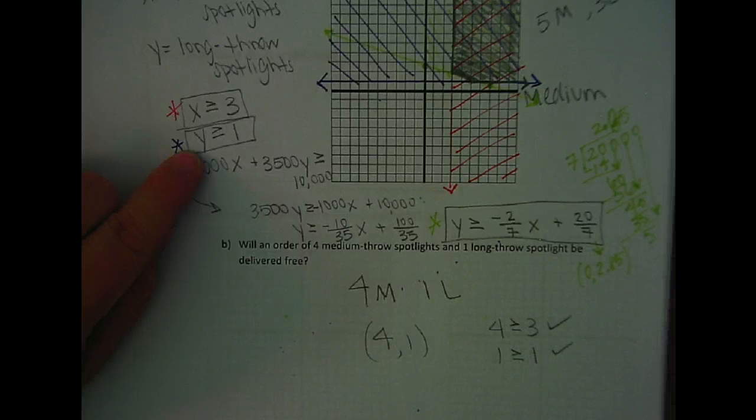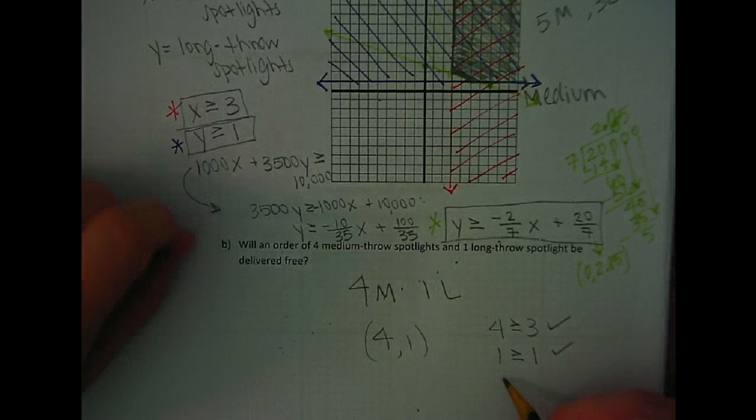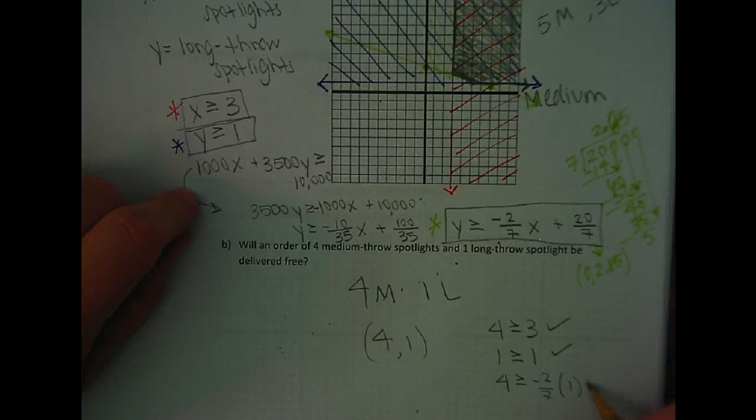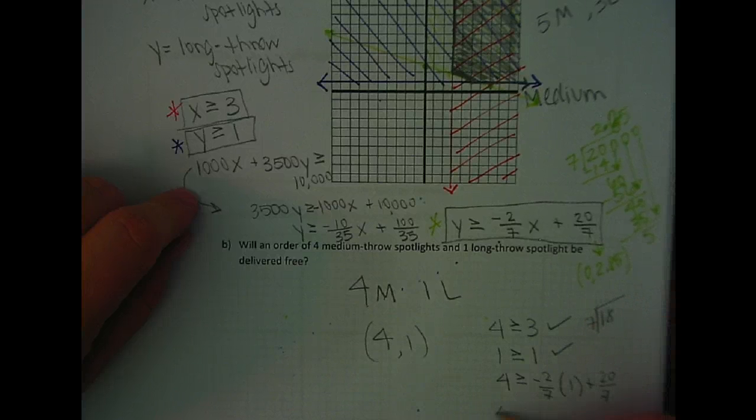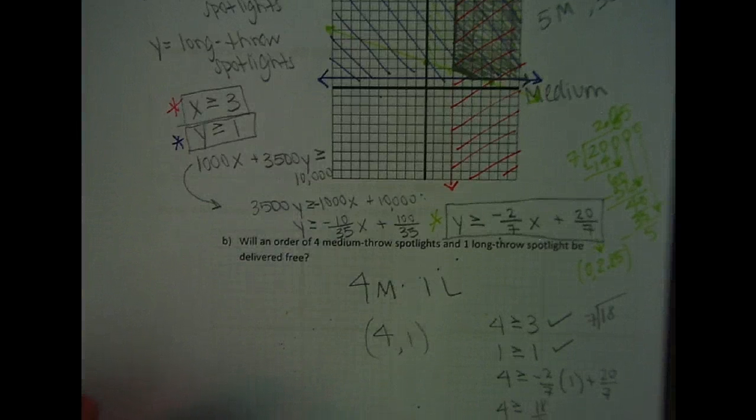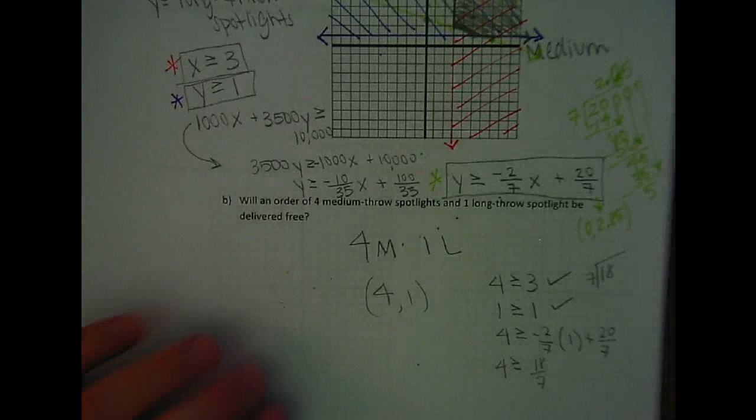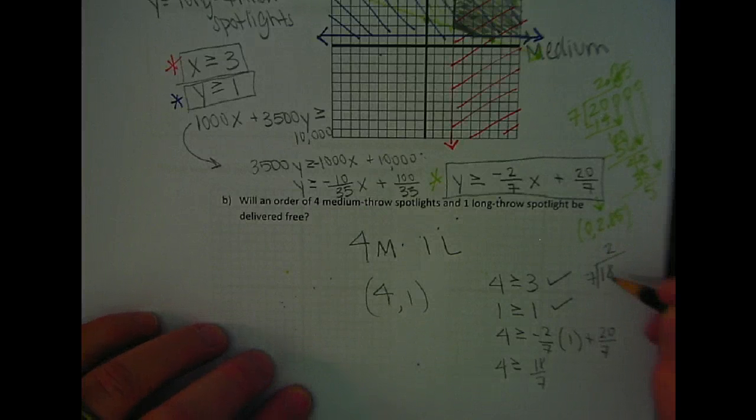Yes. And then the last question is 4 greater than or equal to negative 2/7 times 1 plus 20/7? Well, negative 2 plus 20 is 18/7, and 18 divided by 7, 7 will go into 18 two times.